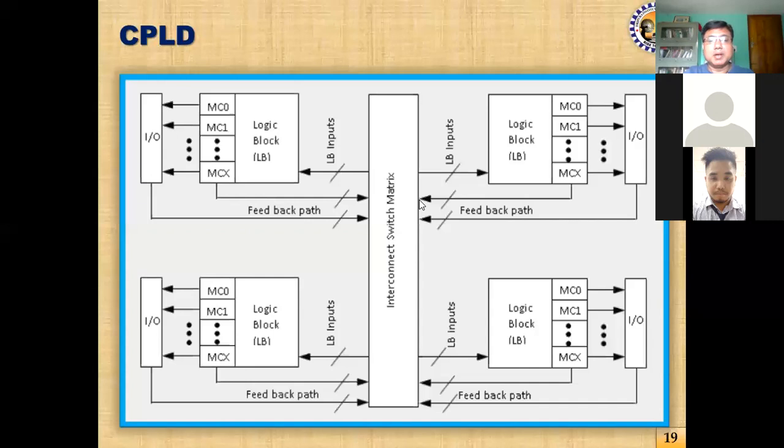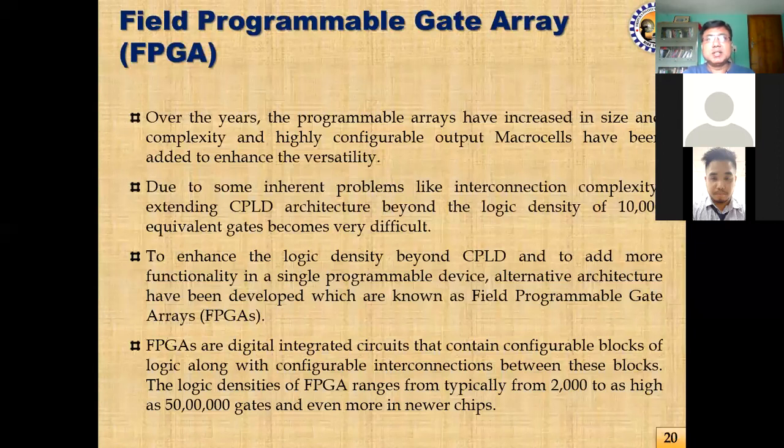So we have understood the internal structure of CPLD. Now we will proceed to the next type of technology in digital system design, and we have learned a little bit about the field programmable gate array, that is FPGA, from our initial classes. I have discussed this, and we did some practical classes on FPGA as well.